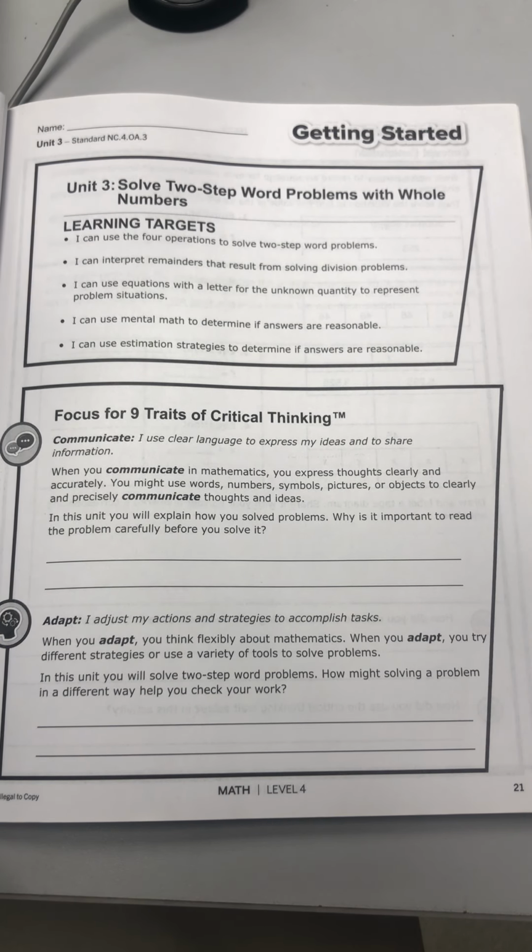Under that question, at the bottom, page 21, that first question. You write it on the line. He doesn't have his book, so he has to write on a piece of paper. You write in your book.